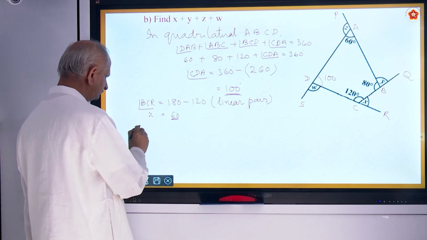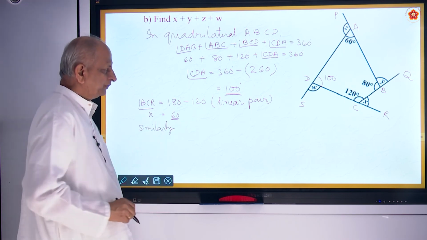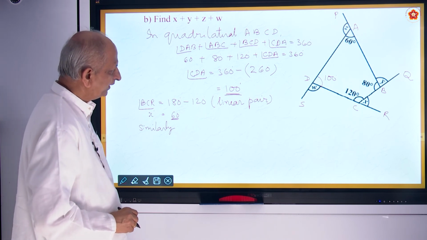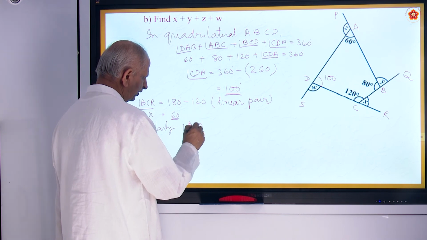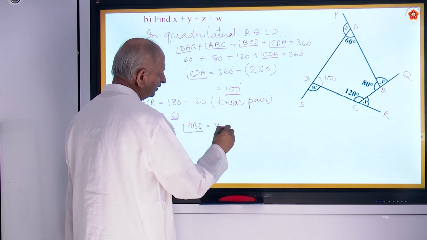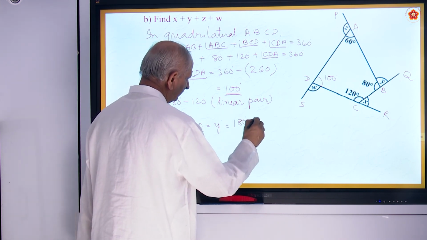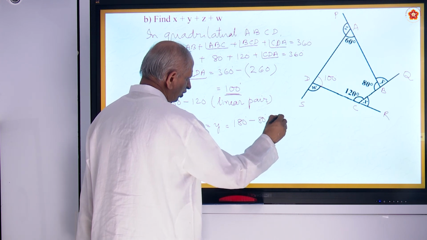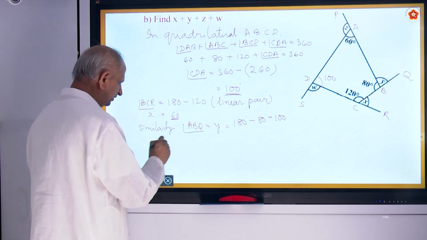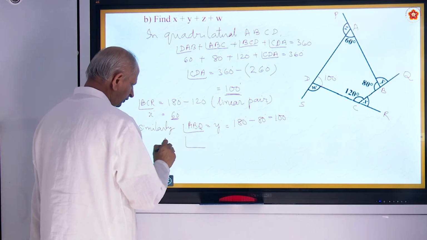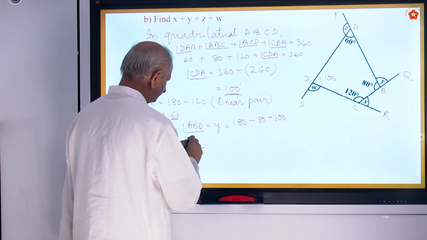Similarly, Y. Where is Y? Y is nothing but ABQ. ABQ is equal to Y is equal to 180 minus 80. Of course, you need not do all this, but just for your information, I am doing this. And similarly, you have Z, that is DAP.